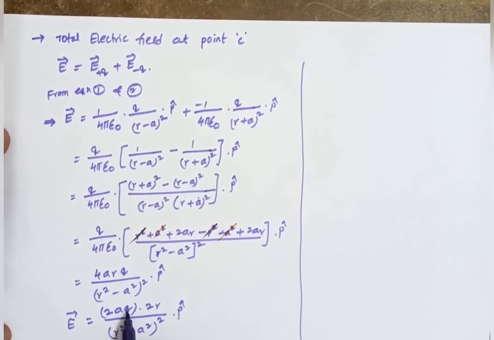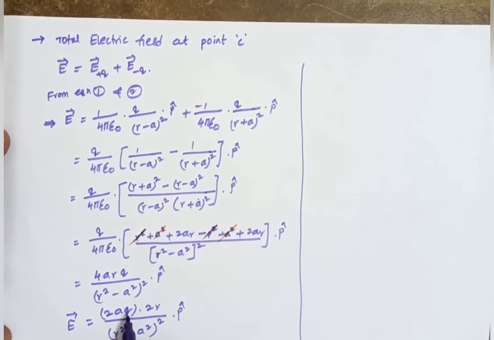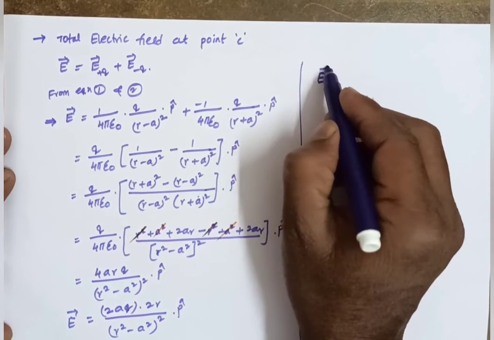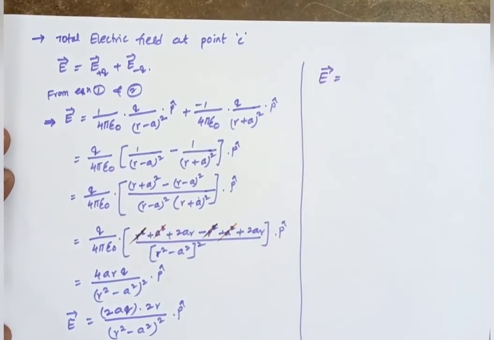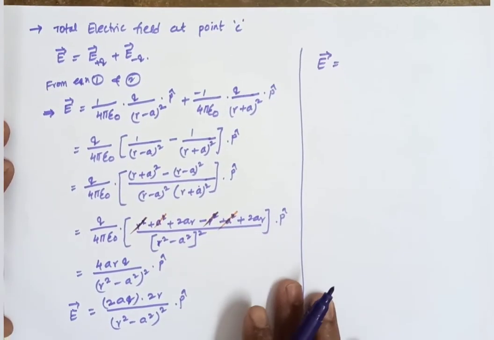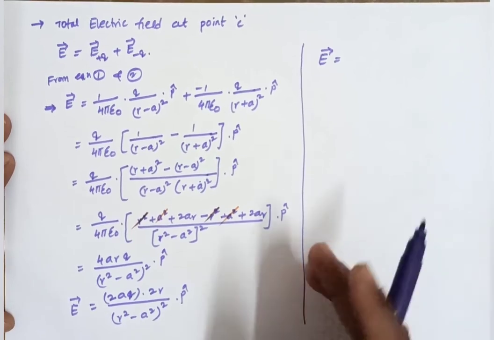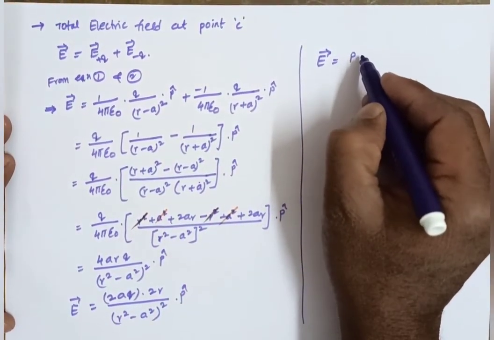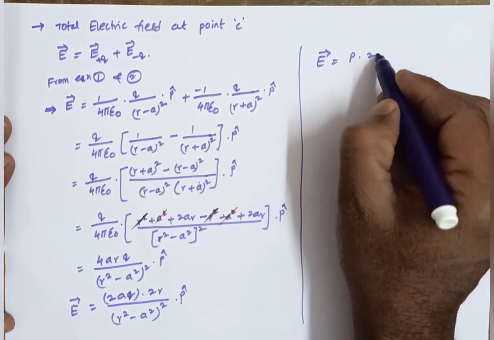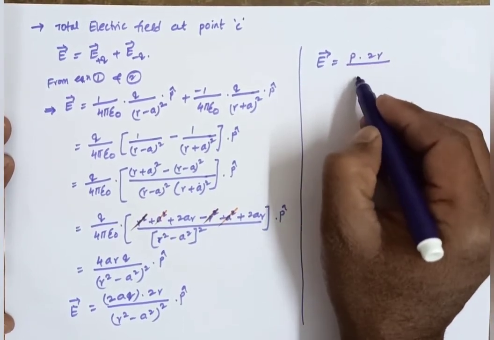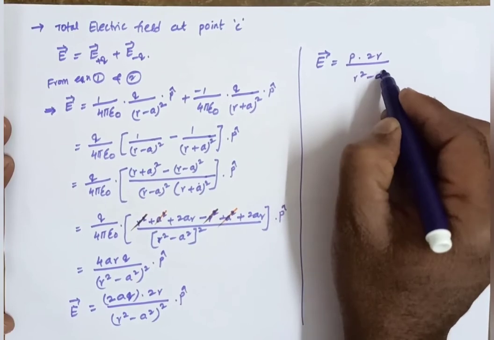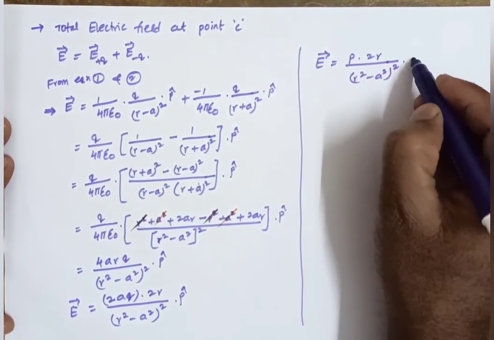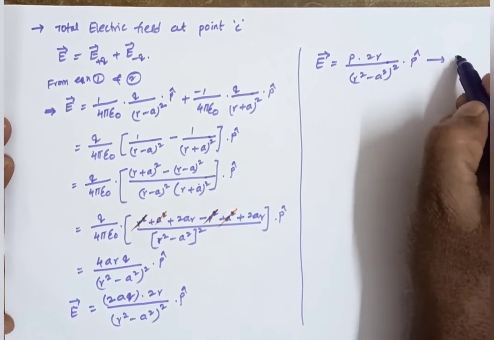So 2AQ equals P bar, or P, the electric dipole moment. So E bar equals P into 2R divided by R square minus A square whole square into P cap. This is equation number 3.